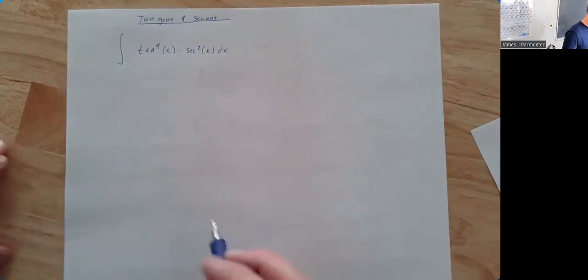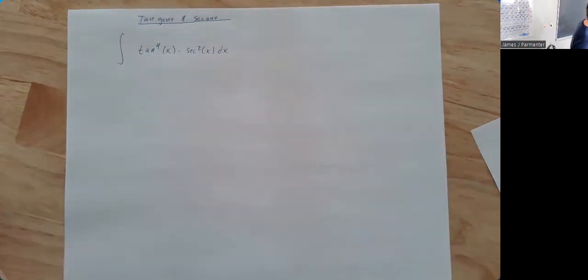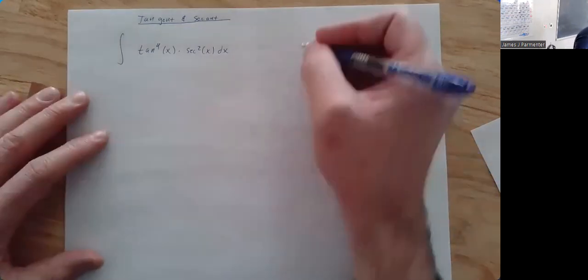All right, so here I'm either going to let u equal secant or u equal tangent. Let me talk about the wrong choice for a second. If I let u equal secant, my derivative of secant is secant times tangent. That's going to suck up one of those tangents, one of those not u's. It's going to leave me with an odd number of not u's left over, which would be a problem. Let me show you what I mean.